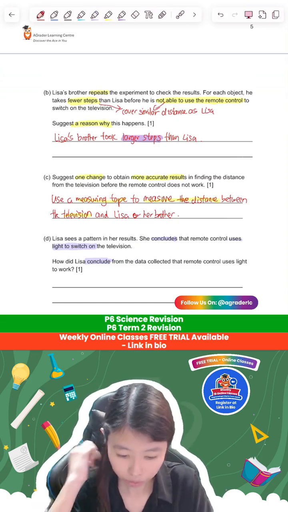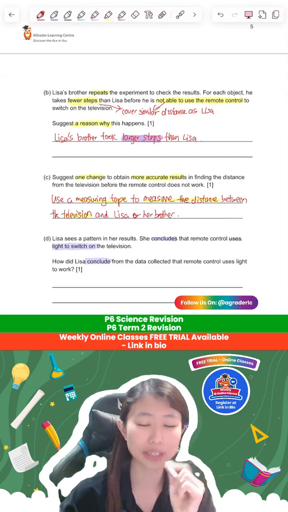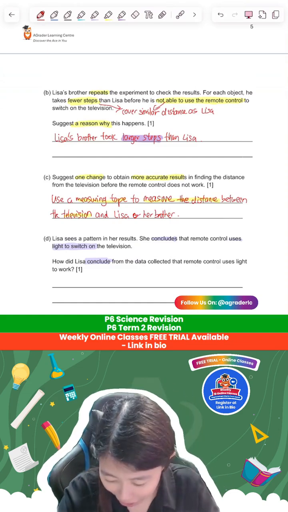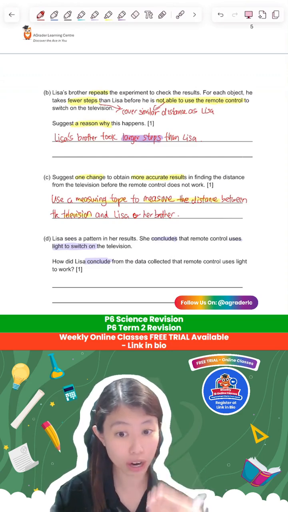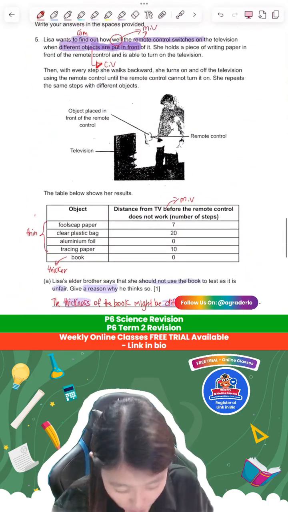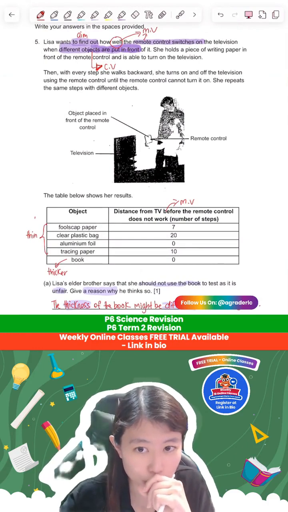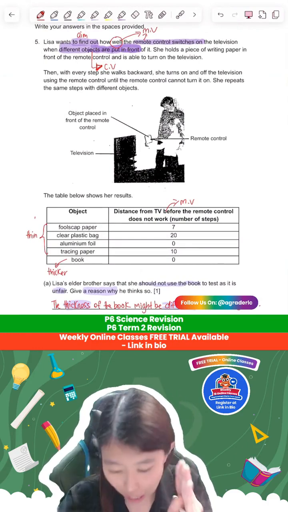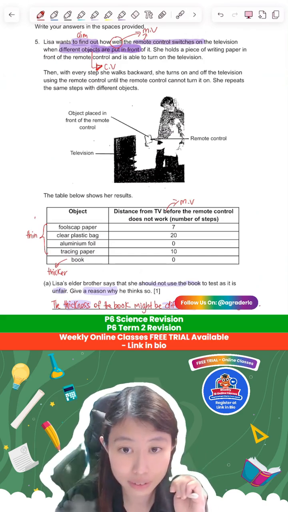So just now, some of you mentioned opaque. Now, here is where you step in. You must relate it back to her results. So let's look at the results first. What do you notice about the results? Can you identify which one totally does not allow light to pass through?